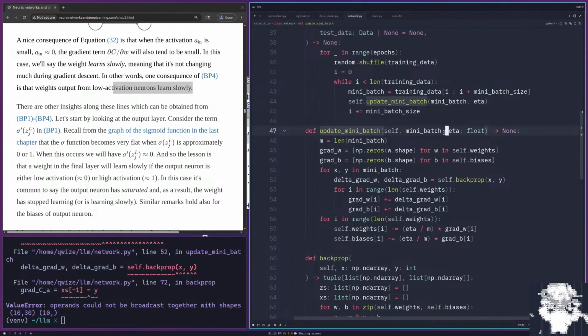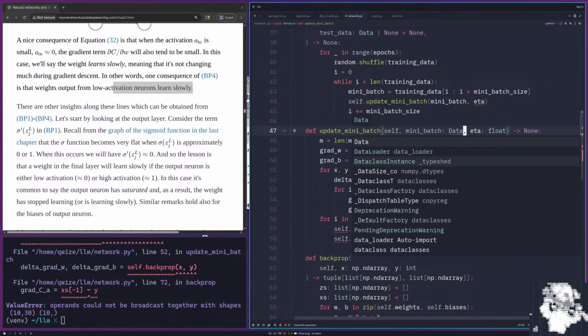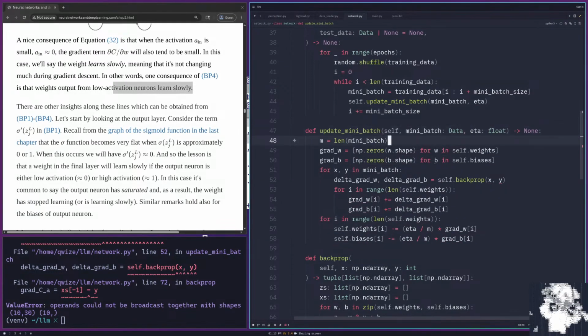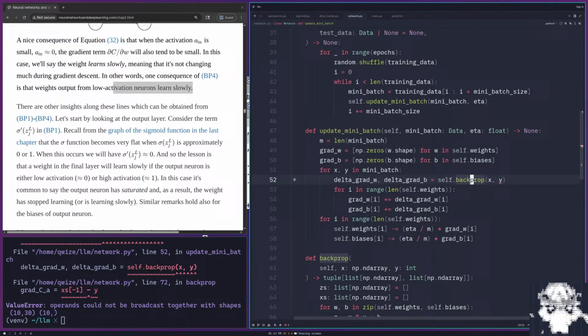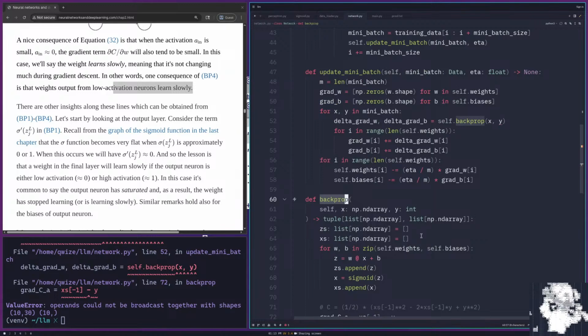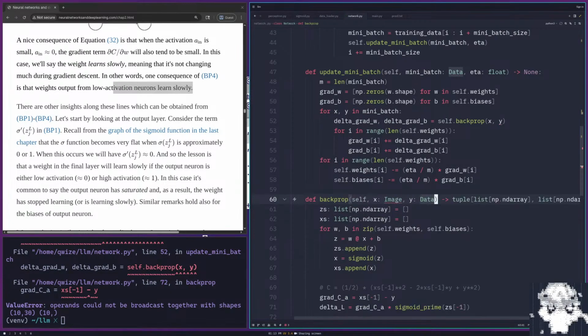Mini batch is data. You can add types here. Why doesn't it like Y? Backprop thinks it's not an int anymore. Now it says data, and this is an image. Why doesn't it like that?